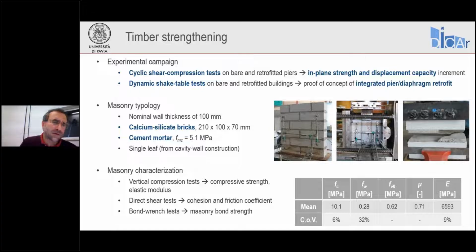This is typically found in Northern Europe. And the masonry was a single leaf with very, very thin walls, only 10 centimeters. And as before, the masonry was characterized with appropriate material tests in order to obtain its compressive, tensile, and shear strength properties, as well as the elastic constants.